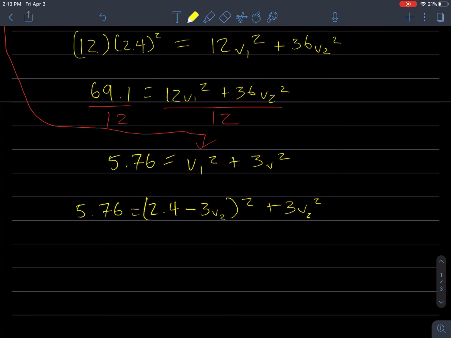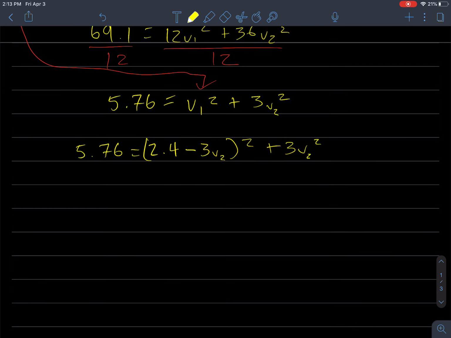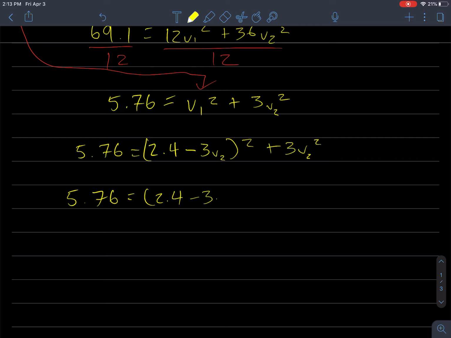Oops, this is v2. All right, now remember, when you are squaring stuff that's in the parentheses, sometimes people can get a little confused. Just remember, this is essentially what you're doing. You have basically two sets of these parentheses now.